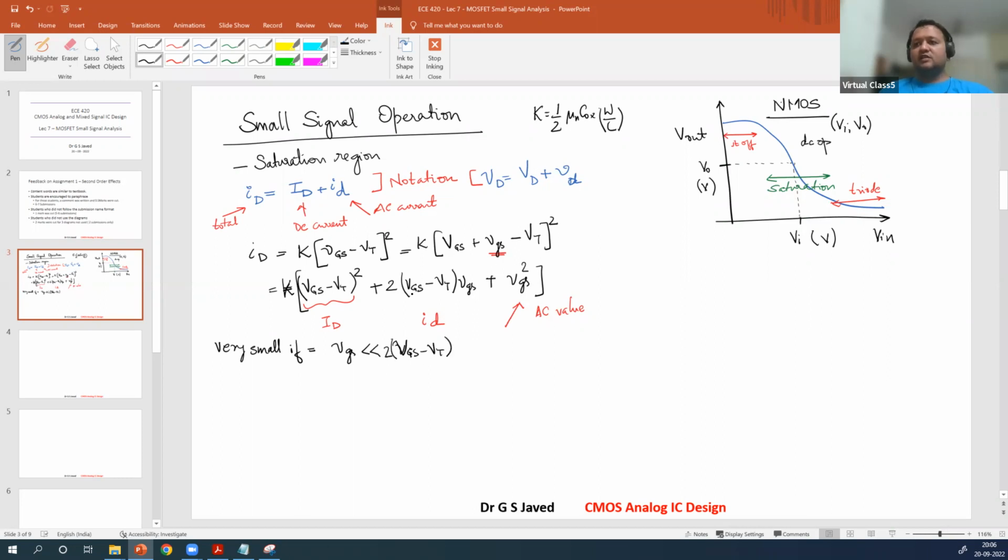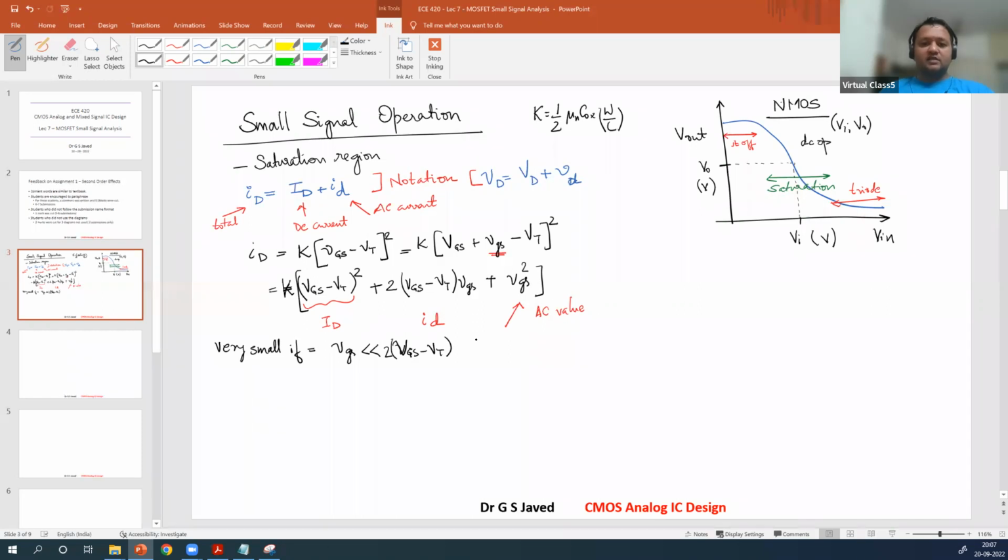Why did we get this? When we take 2 times VGS minus VT into vgs and equate it to the vgs whole square, one vgs gets common, and then we define small vgs is very small compared to 2 times VGS minus VT. Okay.